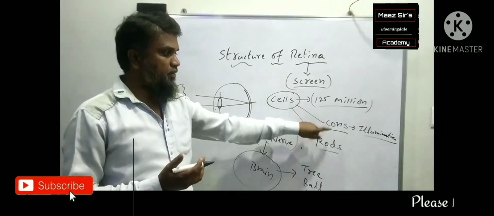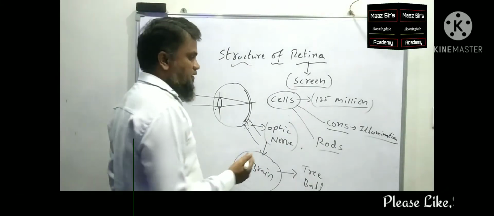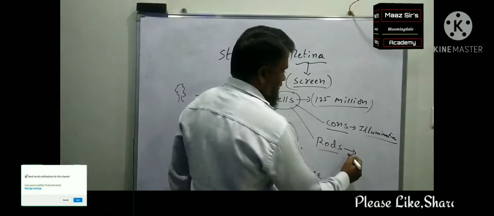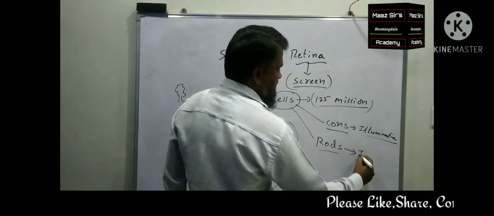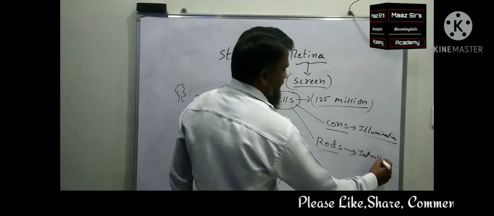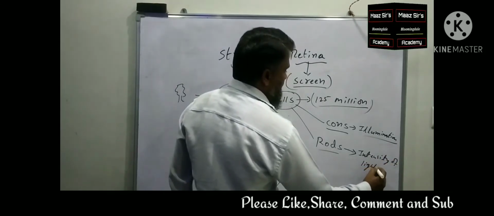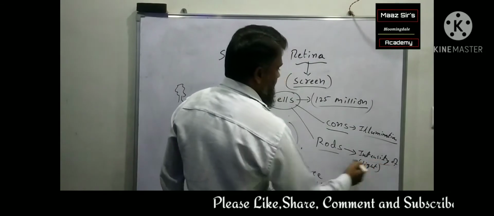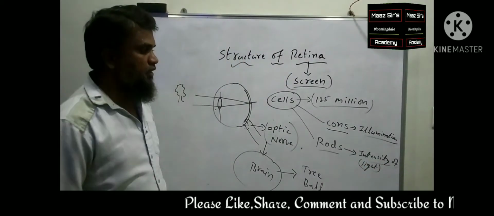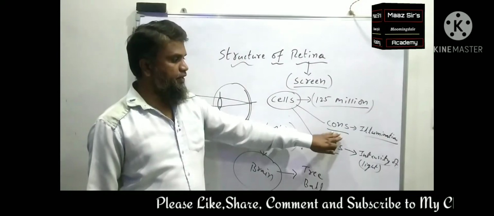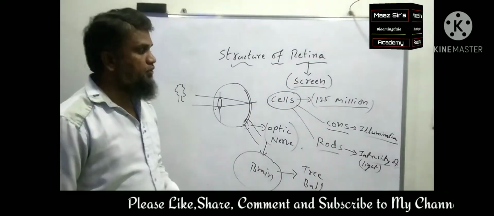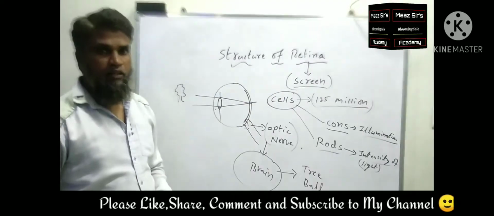So this is the function of the cone. Similarly, rods are responsible for the intensity of light. So basically this is the function of the rods and cones present inside the retina.